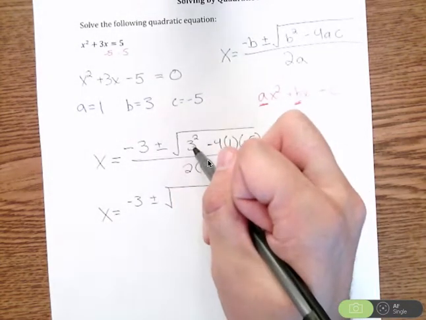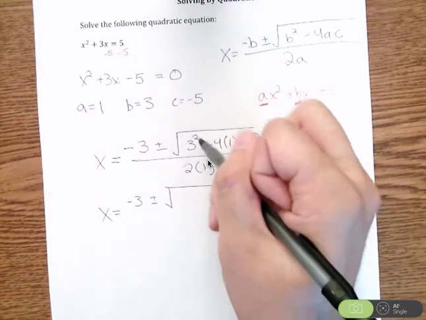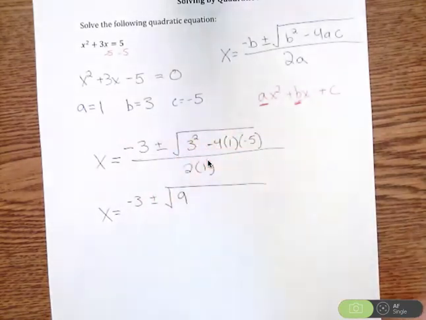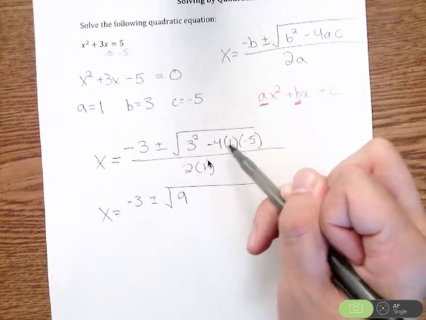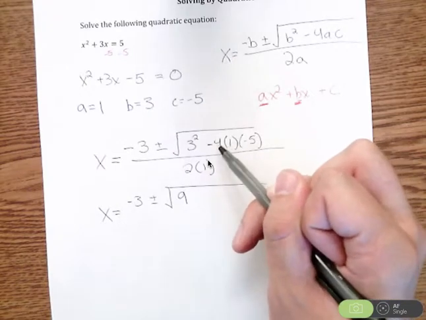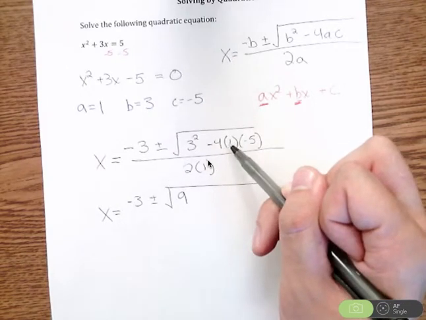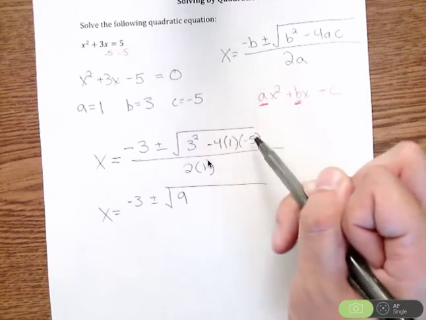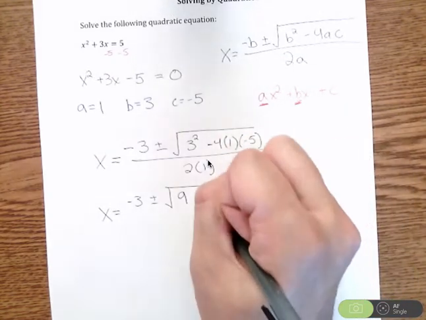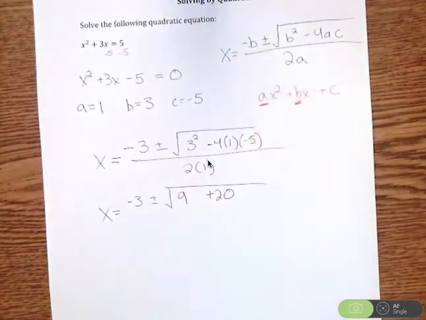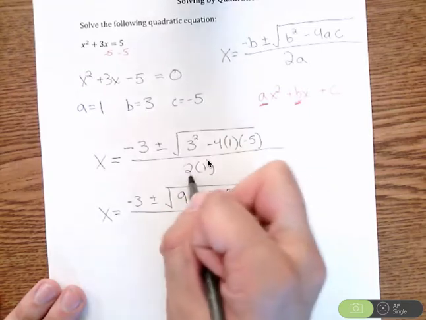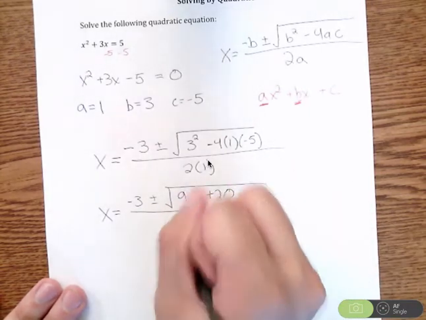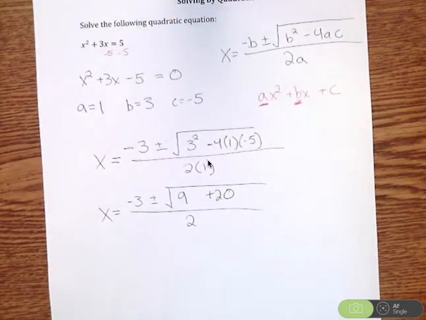First, 3 squared is 9, so that's easy. And then I have negative 4 times 1, which is negative 4. Then negative 4 times negative 5 is going to be positive 20. Still over 2a, and 2a we can handle really quick. 2 times 1 is 2.